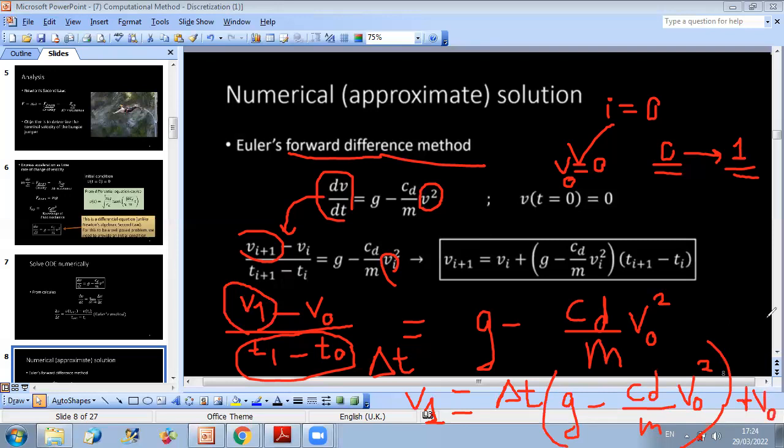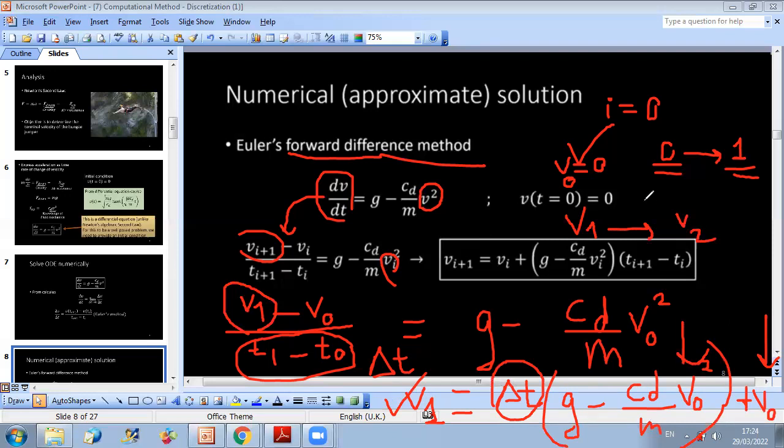All you have to do then is plug V0 into this equation. You know the drag coefficient, you know M, you select a certain time step delta T, and you get V1. Once you get V1, you repeat the same procedure between V1 and V2. So V1 will give you V2, V2 will give you V3, etc.